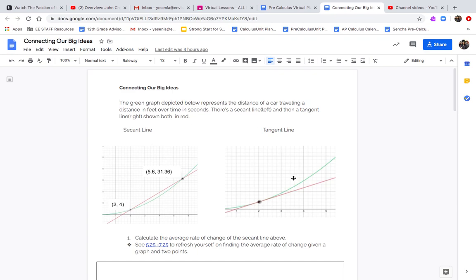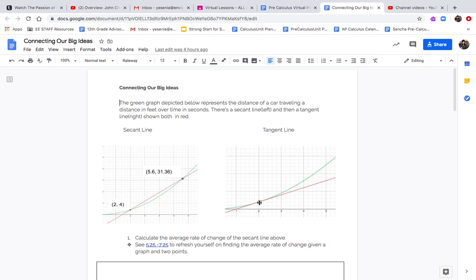Whereas on the right hand side, you have something called the tangent line. Now, some of you actually looked this up, but tangent means touching in Greek. So it kind of looks like that. This line kind of looks like it's just touching this green graph at exactly 1 point. Now the tangent line gives us the instantaneous rate of change of the car.